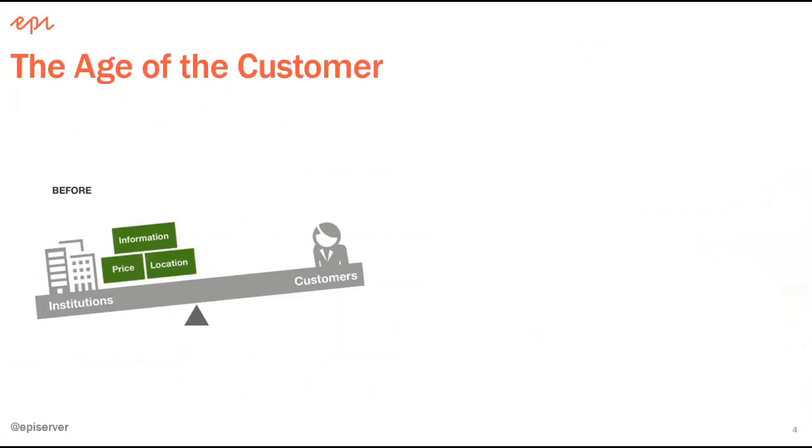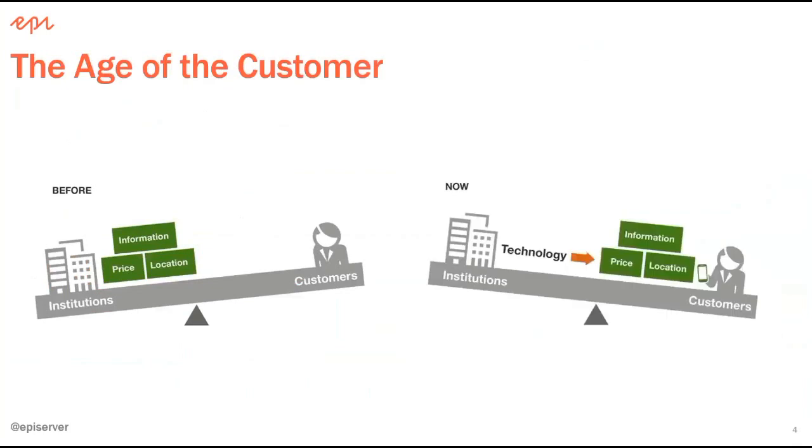We had the right pricing information, product information, where products were located, and technology has enabled consumers and B2B customers to gain access to product information, pricing, and location, and things are sort of out of our control, much more than they used to be. So I think that's important when we look at how you're going to operate your digital experiences and engage with end consumers, because they will be able to get access to your information one way or another.